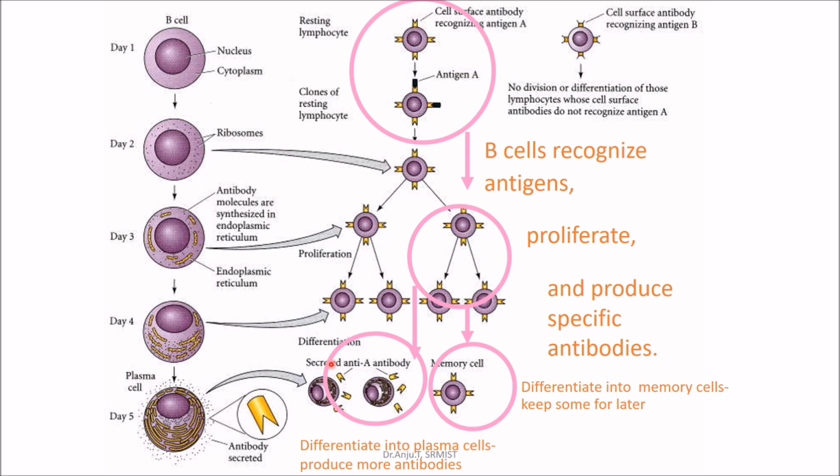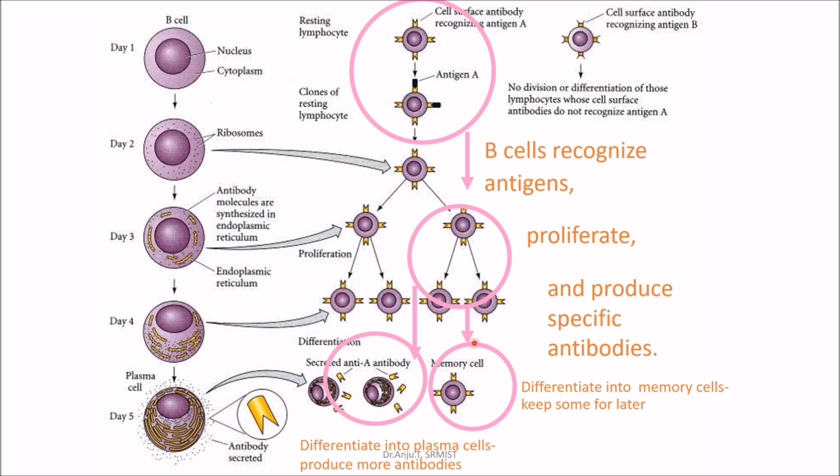The effector B cells consist of two populations. One is a large group of effector B cells called the plasma B cells, which synthesize and secrete millions of antibody molecules. These secreted antibody molecules enter the bloodstream, acting against the specific antigen which the cell has encountered.